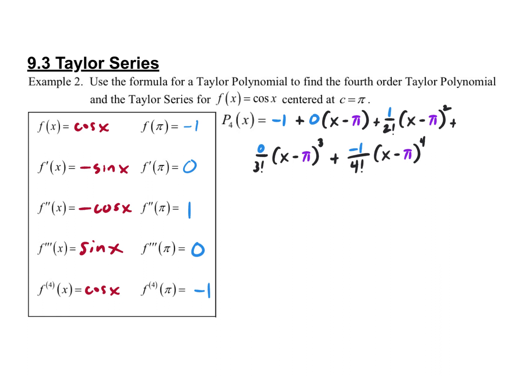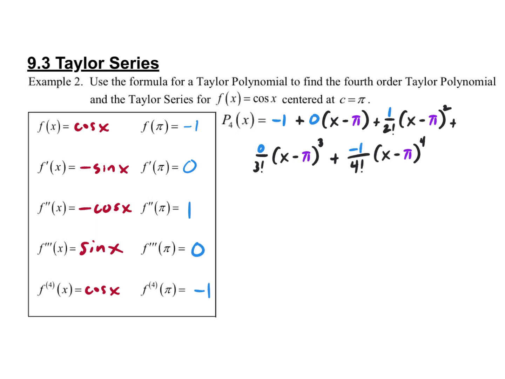If you try to do too much work in your head, you could miss something. There's going to be a lot of terms, and way more sophisticated stuff than this. This is only the second example you've seen. So I encourage you, even with the zeros, to write them. Now, we're going to learn what the expansion is for the cosine anyway. That's going to be one you're going to have to know.